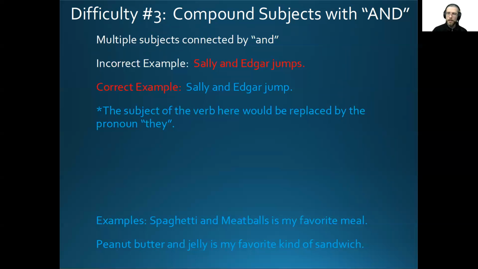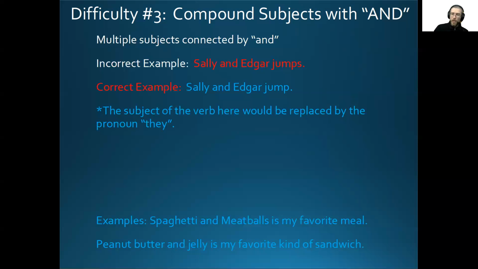They're two toppings, but you put them together into one sandwich. There is one peanut butter and jelly sandwich. So peanut butter and jelly is my favorite sandwich. Spaghetti and meatballs, peanut butter and jelly, they're examples of compound subjects where there are two things, but they're brought together into one.